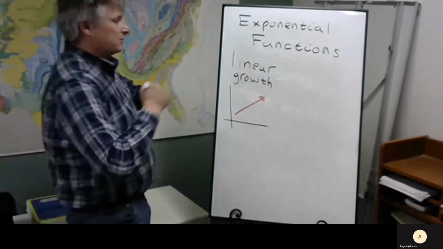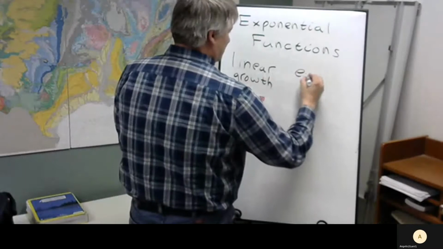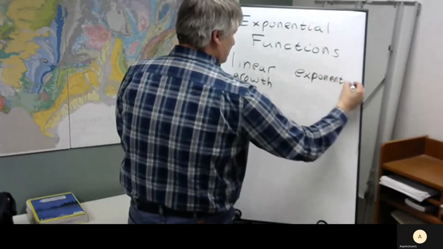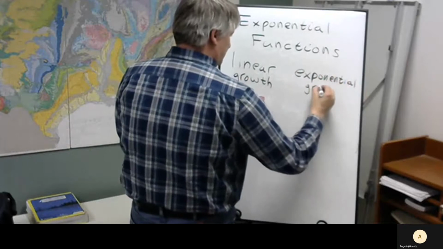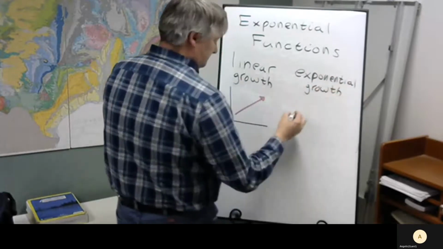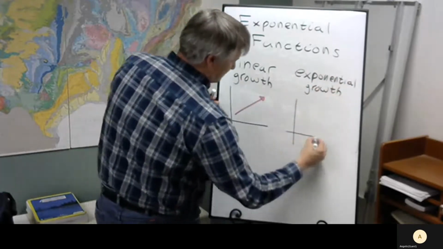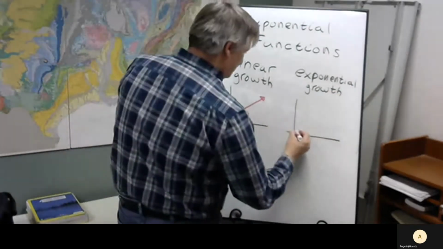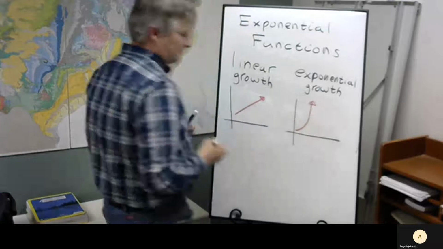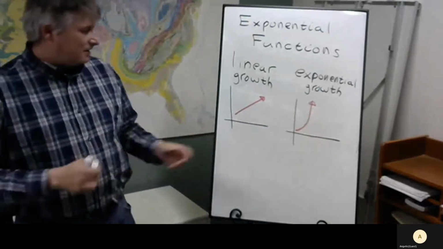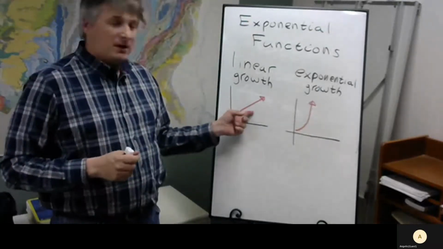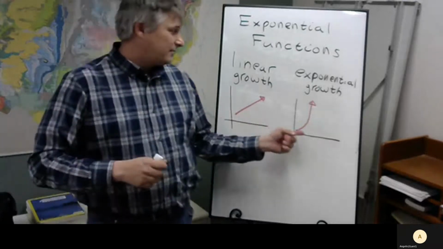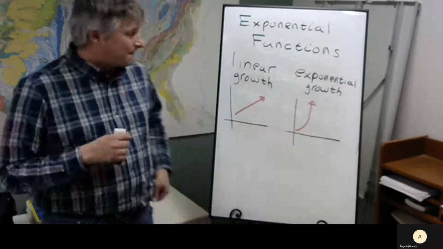But for exponential growth, we're going to see something like this. You only grow so much as you move along the x-axis with linear growth compared to exponential growth.